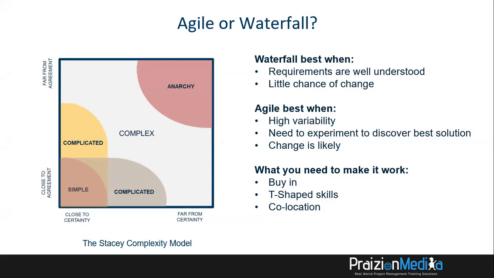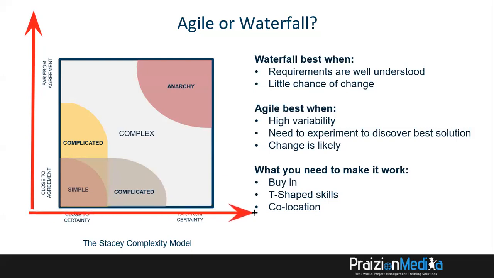So let's draw that here so that you know which axes I'm referring to. This is the y-axis, right? This represents requirements. It could also represent a number of other things. In PMI's Agile Practice Guide, they have requirements on certainty, they call it, but they have on the x-axis technical degree of uncertainty.